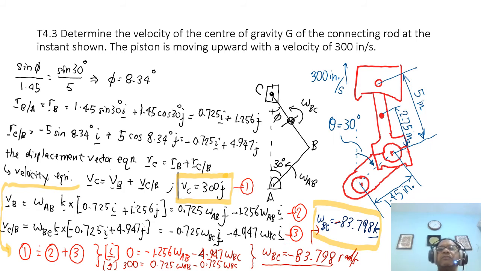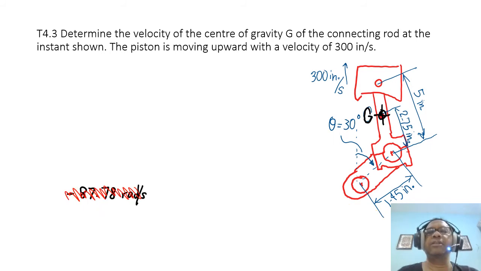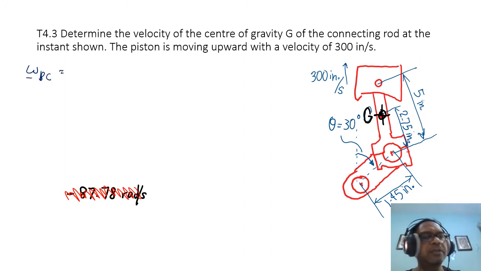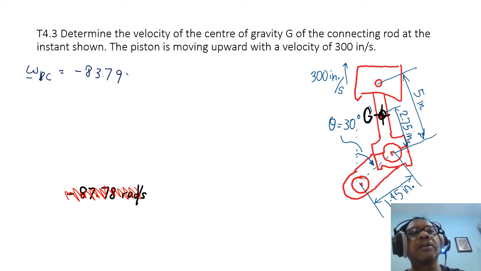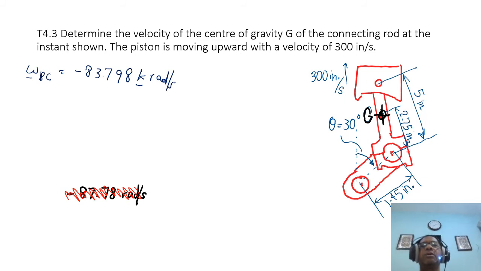So when we transfer that to the next here, we know that omega BC equals minus 83.798 K radian per second. What we wanted to know is the velocity of G. So if I were to draw the position vector of G, I can draw it here, yeah?